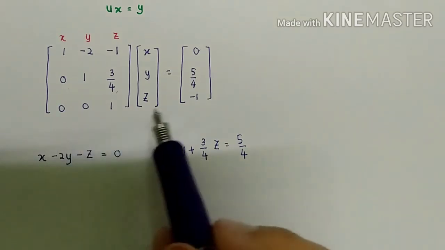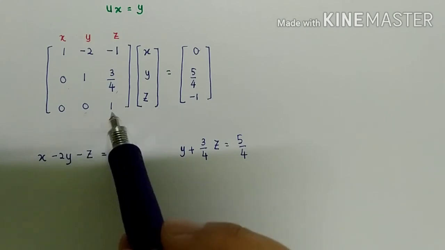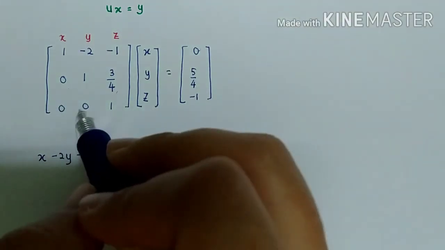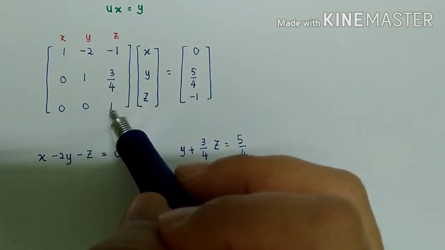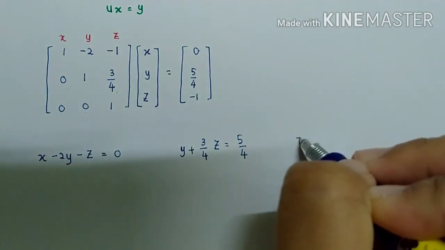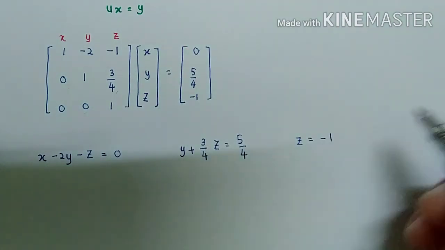So we proceed to the last row. We have 0x plus 0y plus z. So x and y we don't have to write because the value is 0. So we have 1z, so z is equal to negative 1.